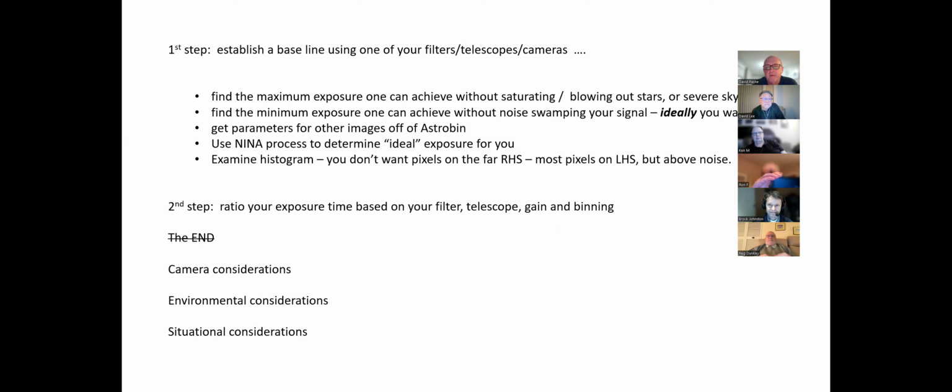So really, unlike a daylight photograph, you really want to expose to the left-hand side of your histogram, and more so than the right-hand side. Really, you want an exposure where you're not oversaturating or blowing out the stars.